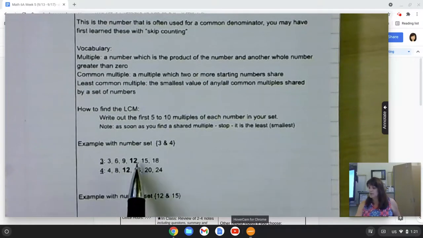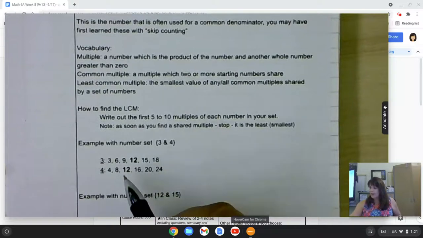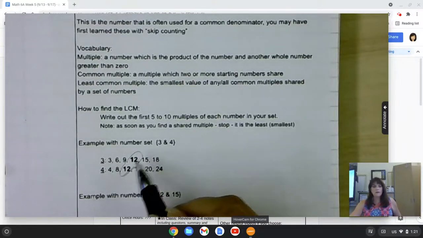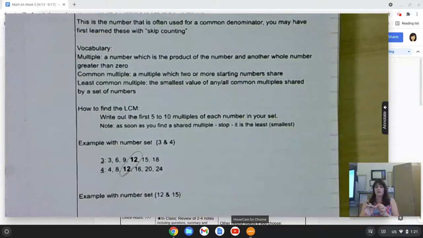I listed the first 5 or 6 multiples of each number, and look what I noticed. They have a number in common. The very first number, the smallest one that they have in common, is the least common multiple. And that is the most efficient, really simplest way to find least common multiple.